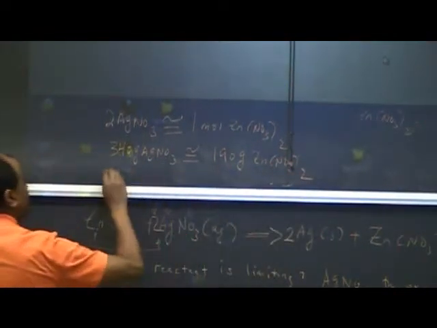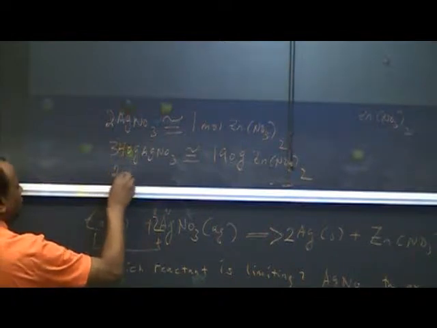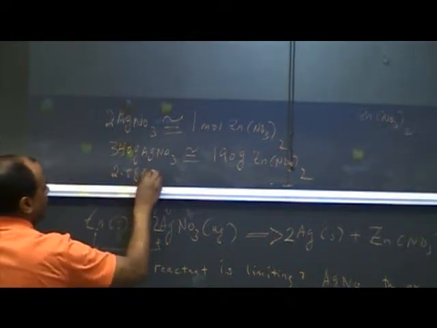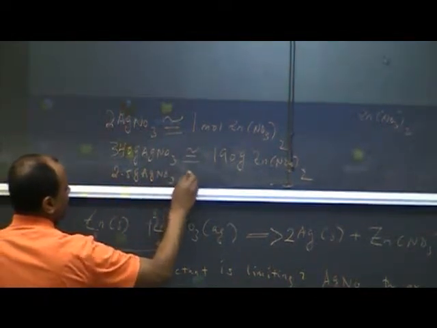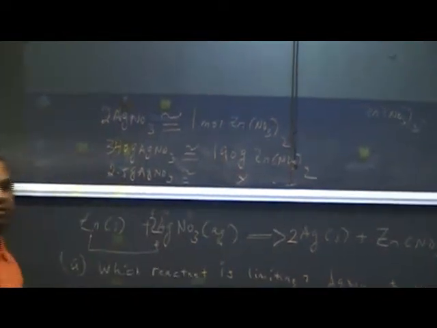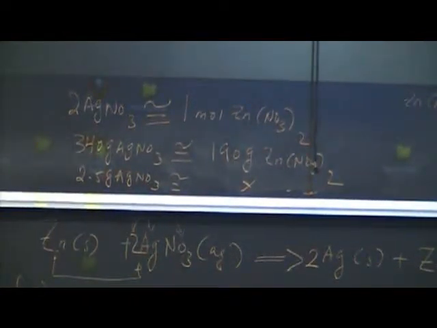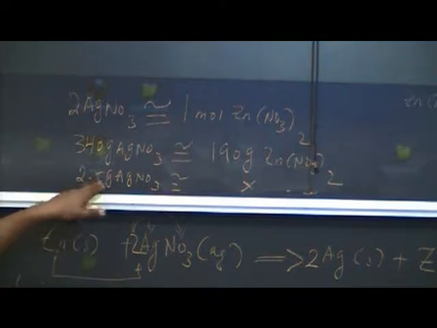So if I have 2.5 grams of silver nitrate, I need X amount of zinc nitrate. I pick silver nitrate for one purpose, because silver nitrate is the limiting reactant. So how much zinc nitrate is produced depends on 2.5 grams of silver nitrate.